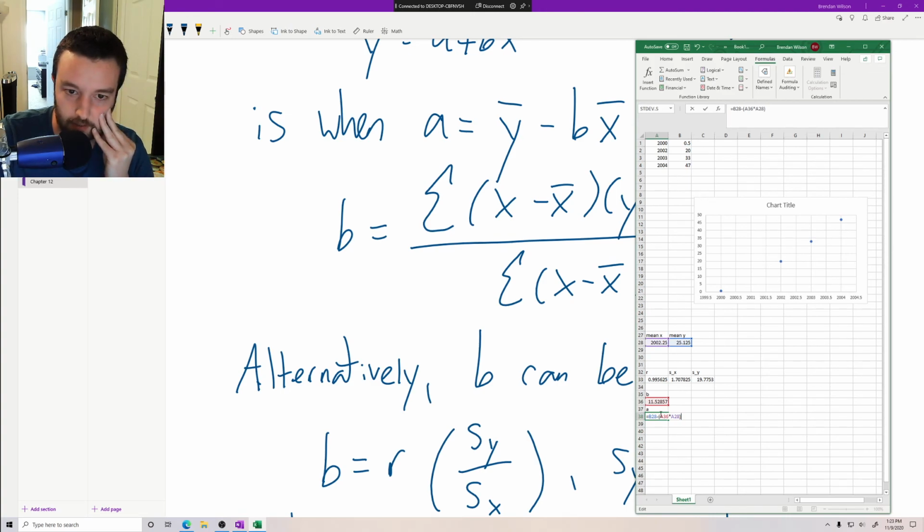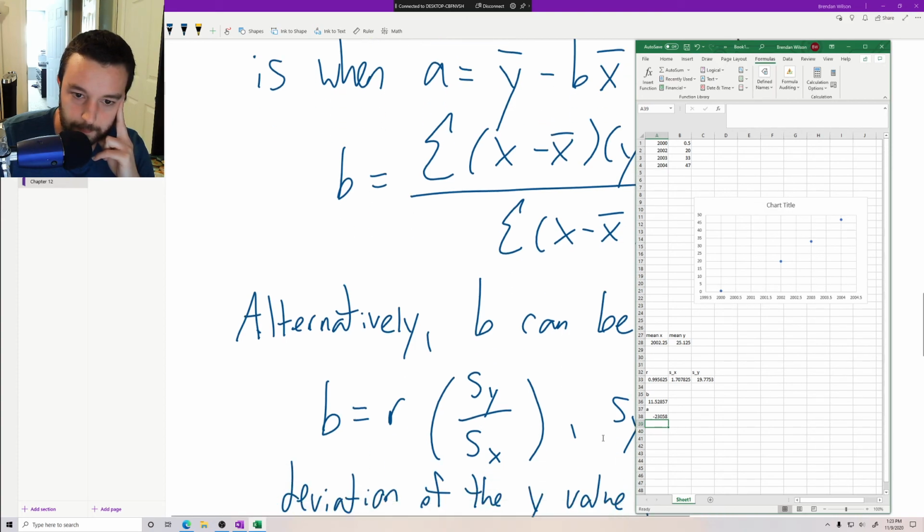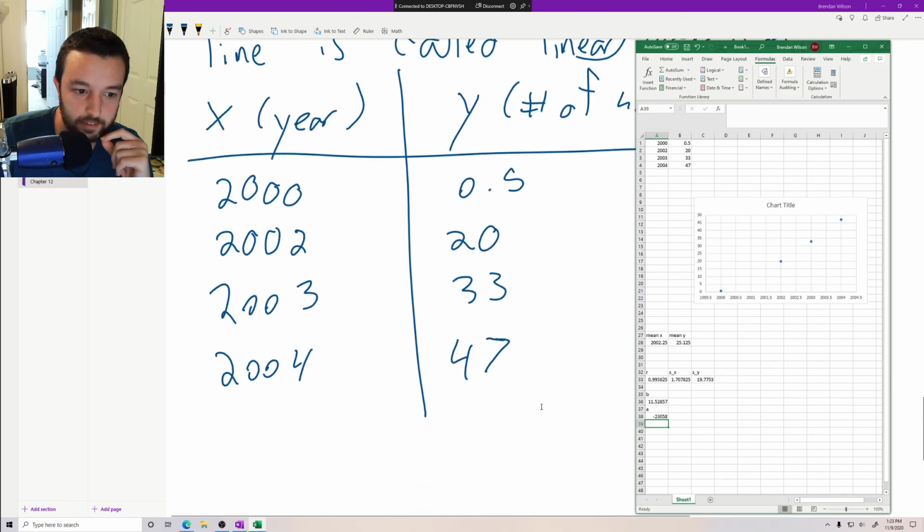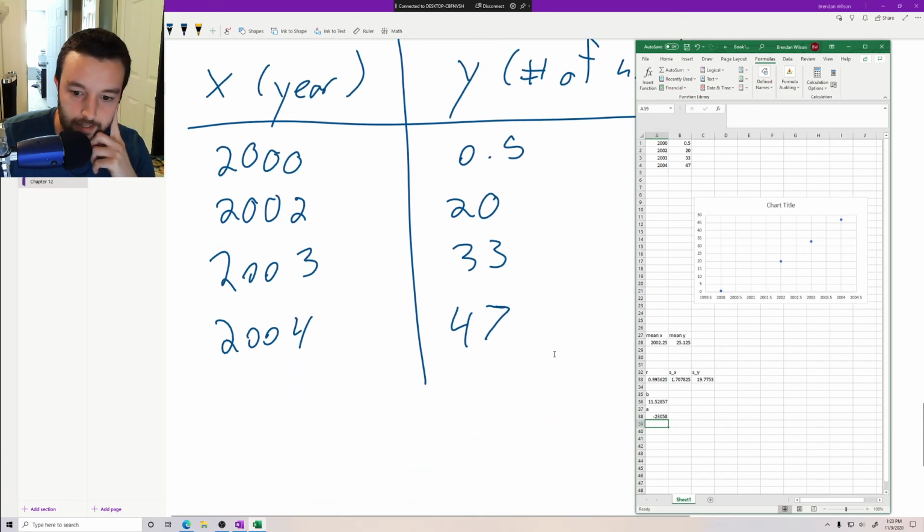A28 is the mean of X. Okay, I mean, maybe that is right. It just seems like a very low number. I'm not sure. But anyway, what this is saying is that then the best fit line for these numbers are negative.